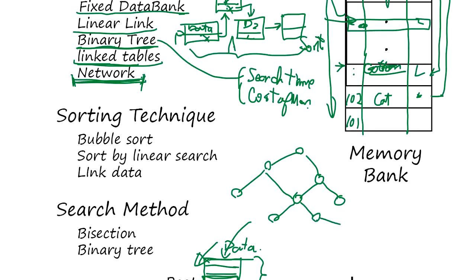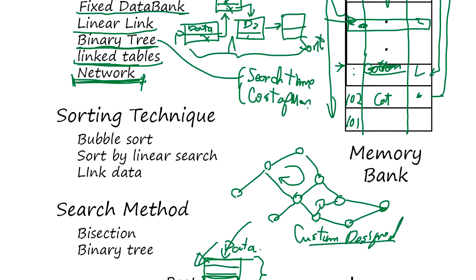And this is going to be very difficult for a search algorithm, because it may go around and you may never find the one you need. Okay, so this is a very special, custom design database for a specific purpose, like a game program and stuff.